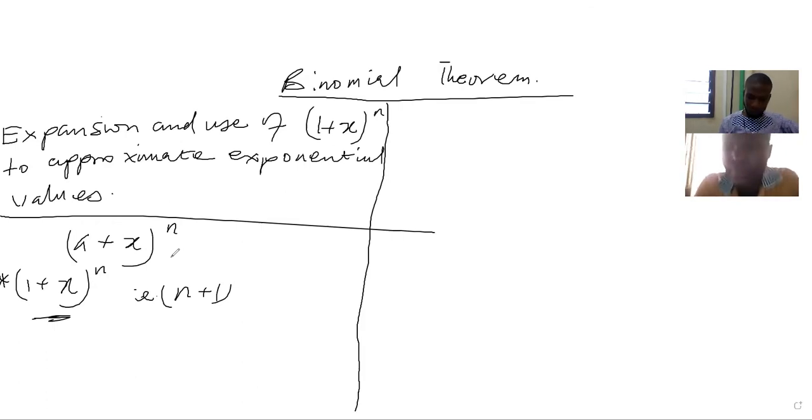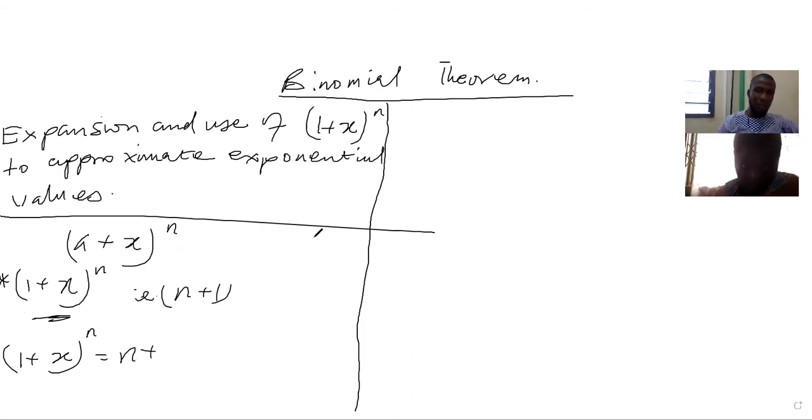Okay. Are you there? Note, 1 plus x all power n is the same as 1 plus nx plus n(n minus 1) all over 2 factorial, x squared.